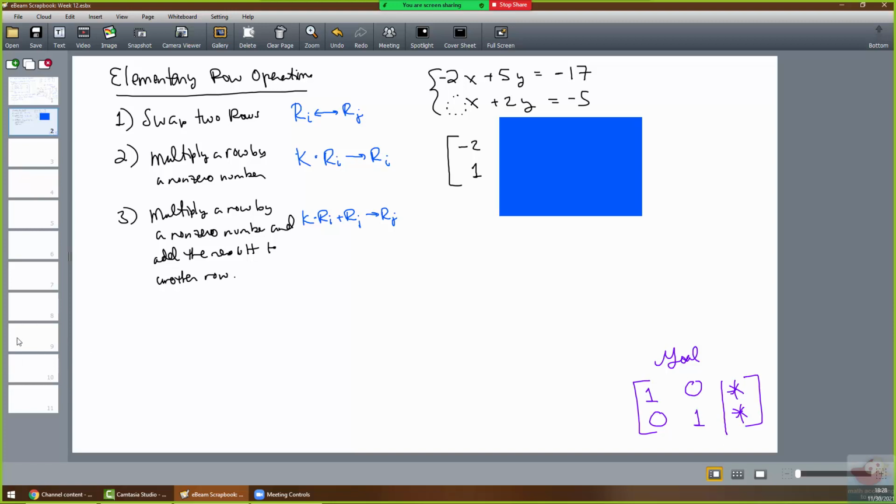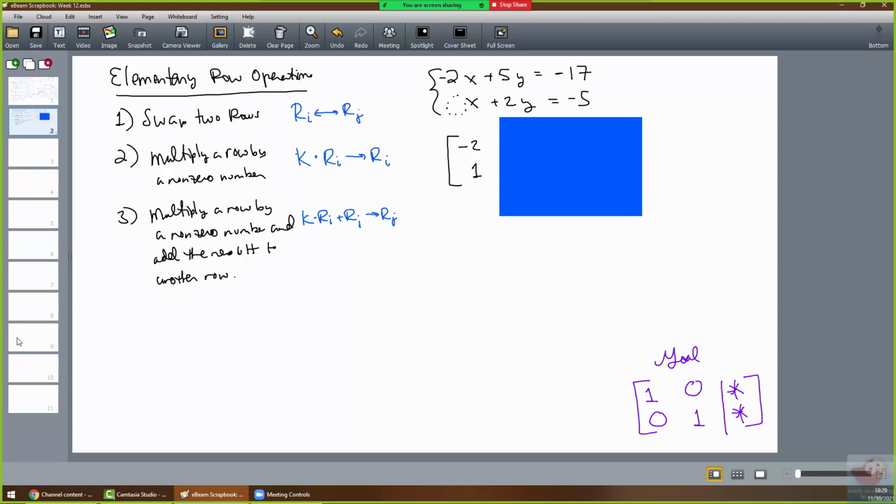Looking at the -2 and the 1, that column, and looking at our goal, you want to make your 1 first and then make your 0. So let's talk about how you would make that 1 first, and we'll go through all 3 of our possible row operations. We could swap the rows, and notice if we swap the rows, that would put a 1 in our 1, 1 position. So that's a completely viable, very easy to do operation.